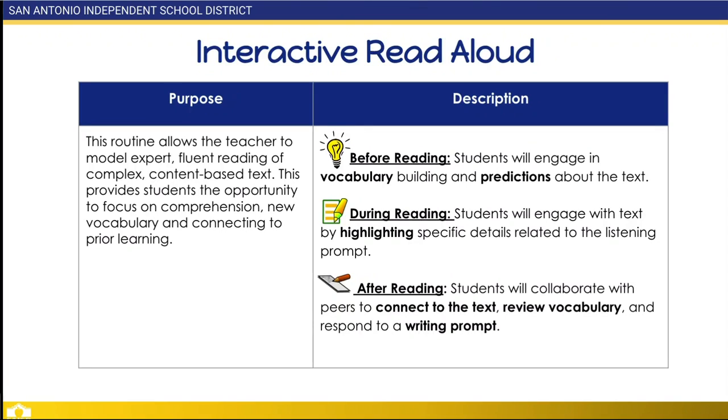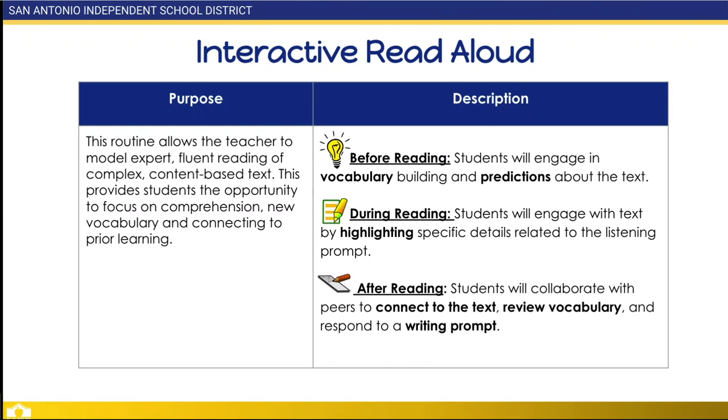Our next strategy that can support student learning in the classroom with new STAAR item types is an interactive read aloud. The purpose of an interactive read aloud is to allow the teacher to model expert fluent reading of complex content-based text. This provides students the opportunity to focus on comprehension, new vocabulary, and connecting to prior learning.